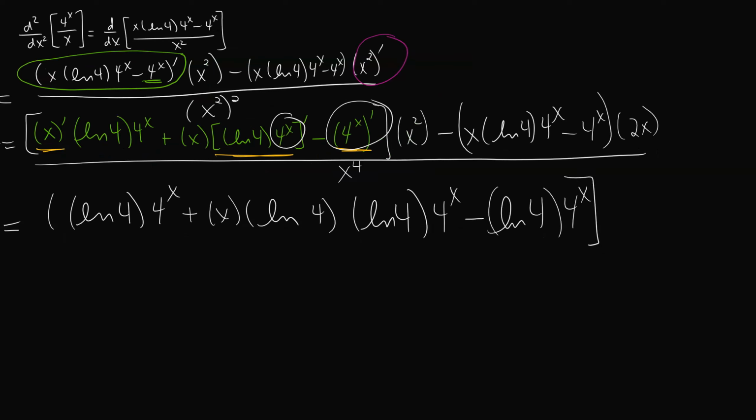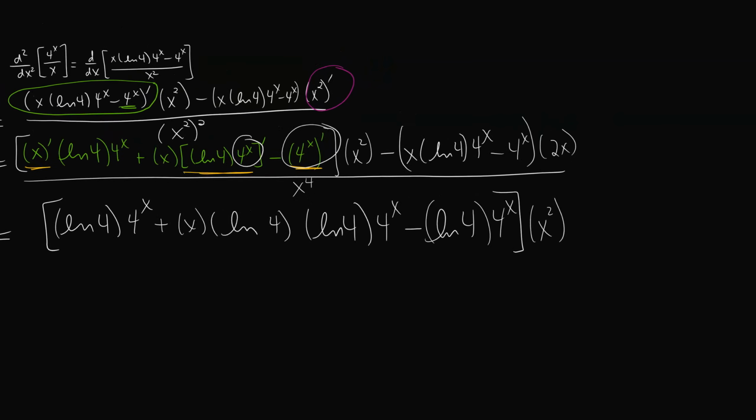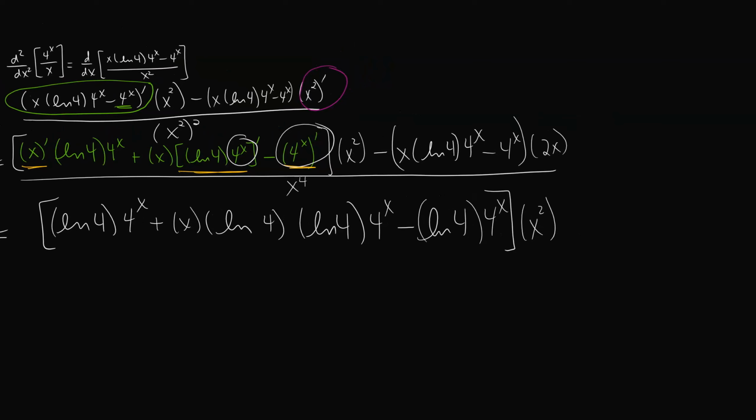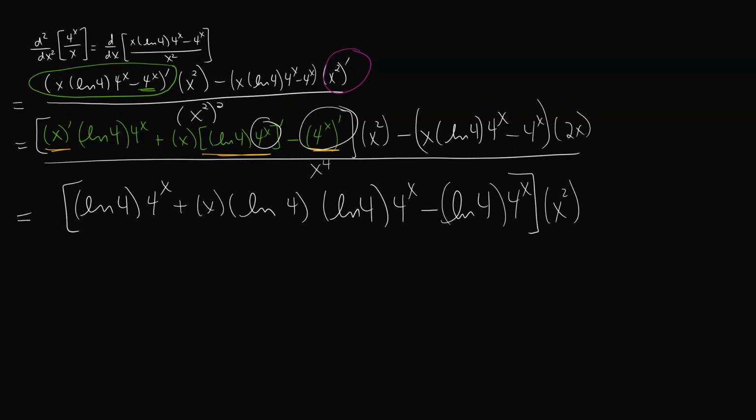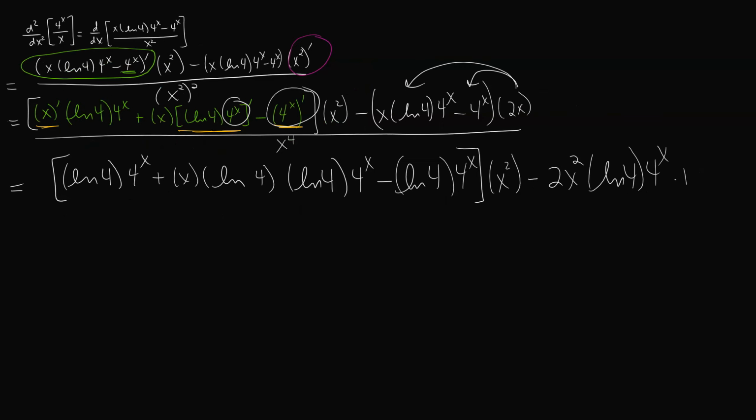Maybe I'll switch to a little bracket there instead of a parentheses, so x squared. And then we still have to subtract the rest of the numerator. Boy, who picked this problem? I'm going to multiply this through. So I get minus 2x squared times the natural log of 4 times 4 to the x plus 2x times 4 to the x.